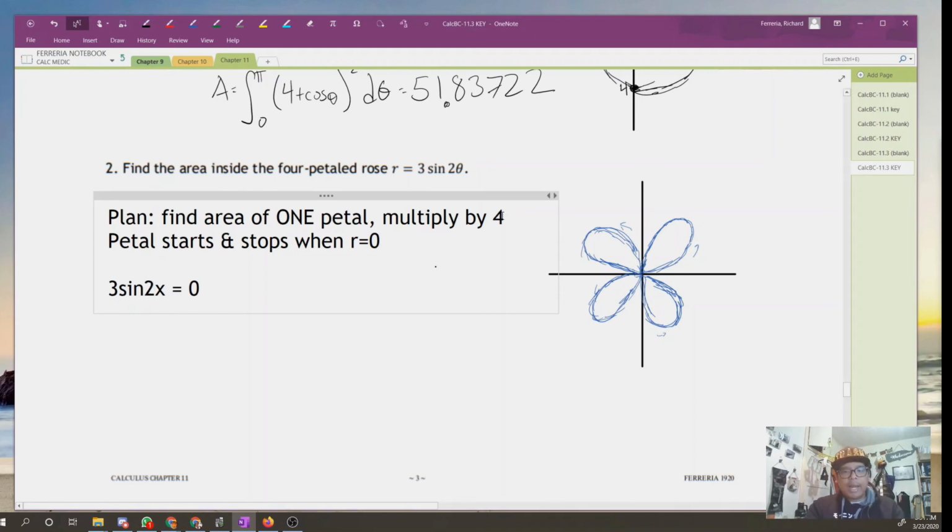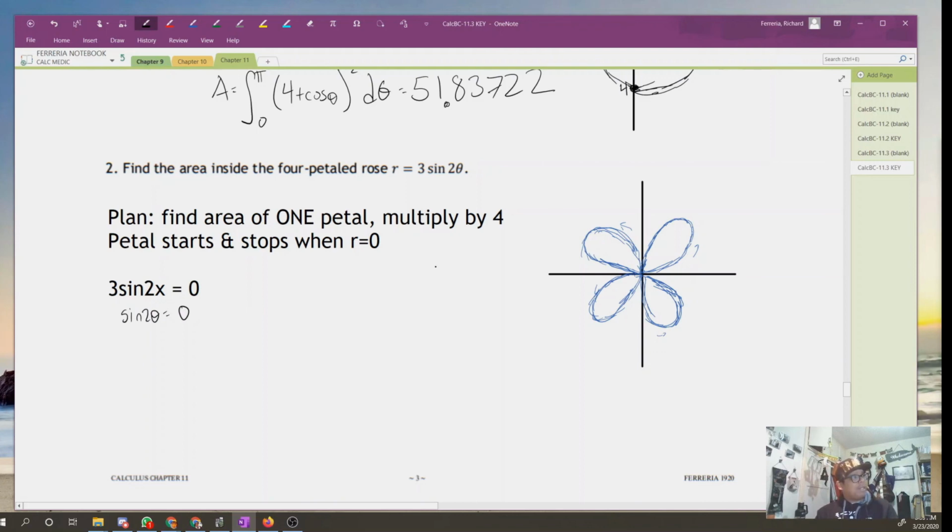So when does that happen? Let's do a little bit of solving. Certainly, if you want to use your calculator to solve, I wouldn't mind at all. So divide by 2, sine 2 theta equals 0. So what are the first 2 times in the unit circle that sine is equal to 0?